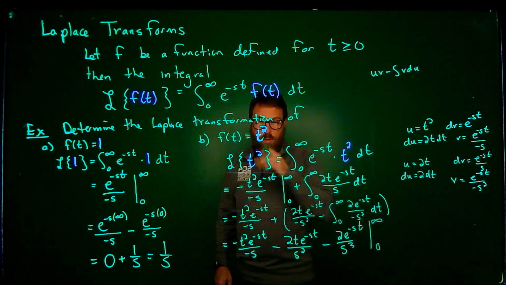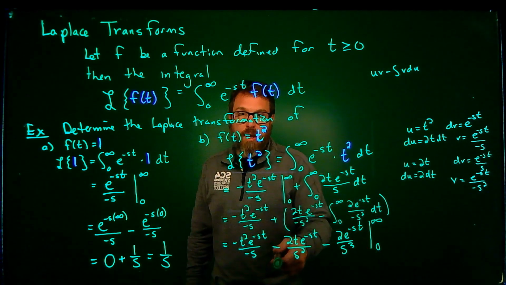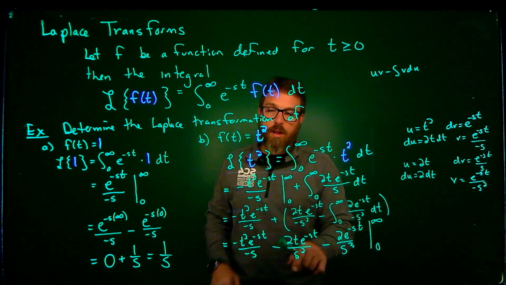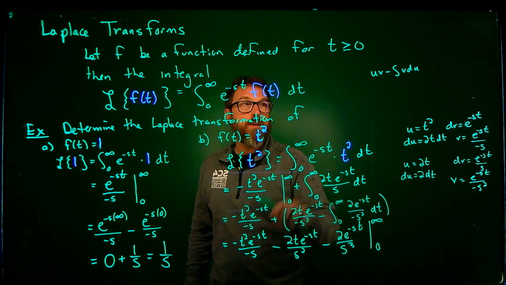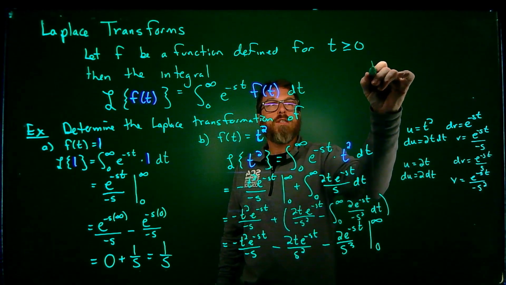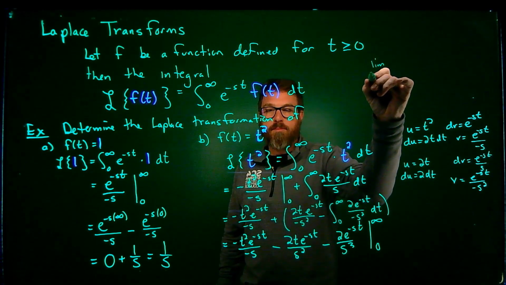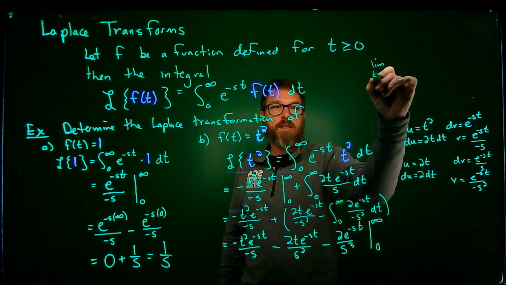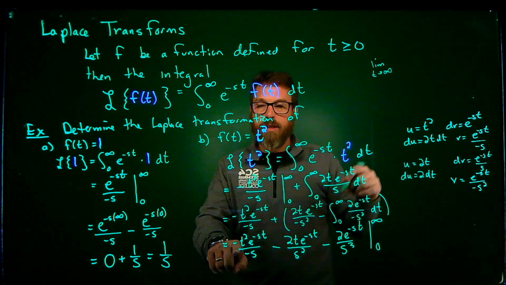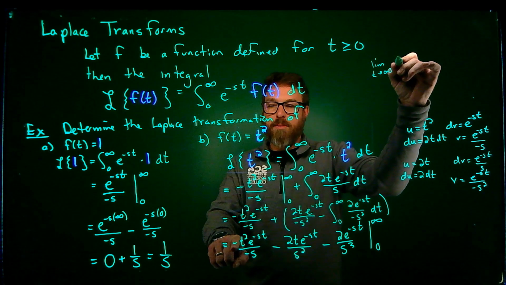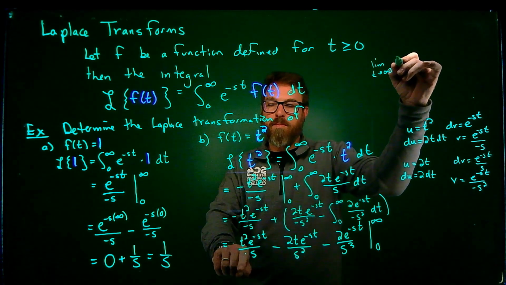So let's talk about what happens when we plug in infinity. So evaluating this function at infinity, well, we can do L'Hopital's rule for each one of these pieces. But if I was going to ask, what is the limit as t goes to infinity of, say, this piece right here, I'll just cancel those out.